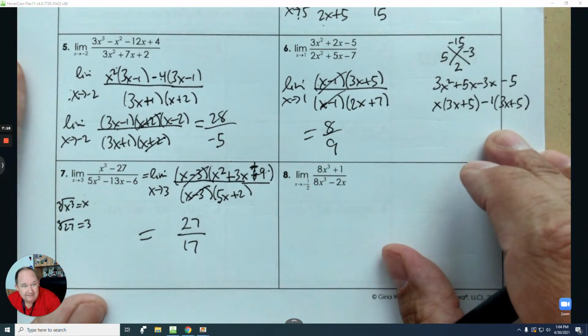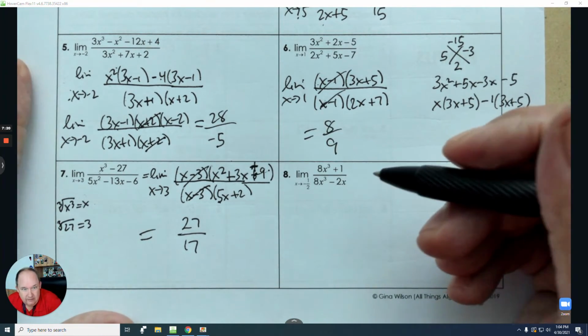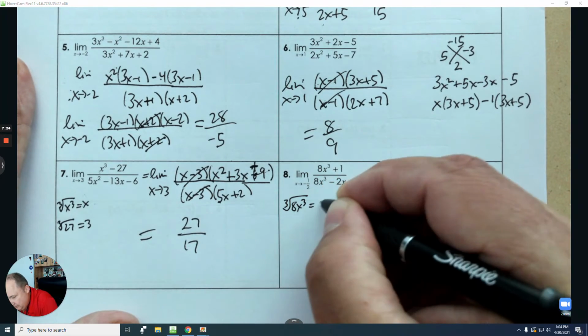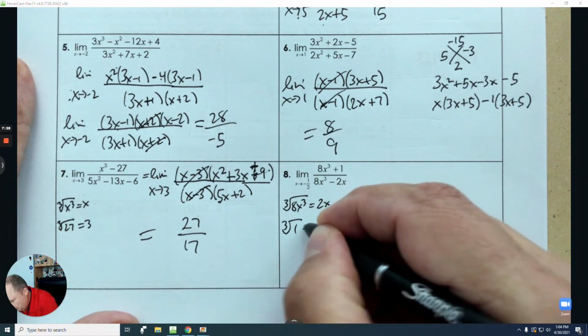Number 8, another difference of cubes, or sum of cubes. Let's try this one. So the cube root of 8x cubed is 2x. And the cube root of 1 is 1.